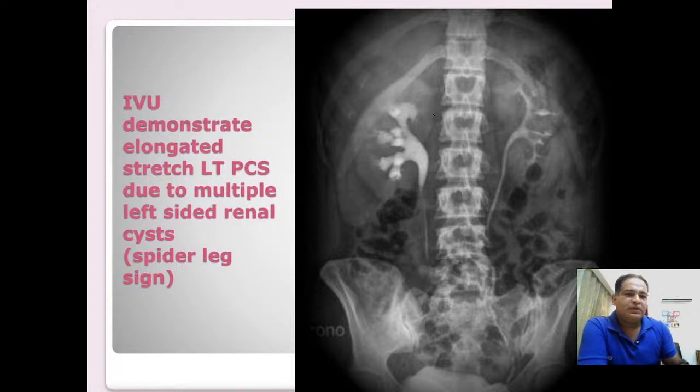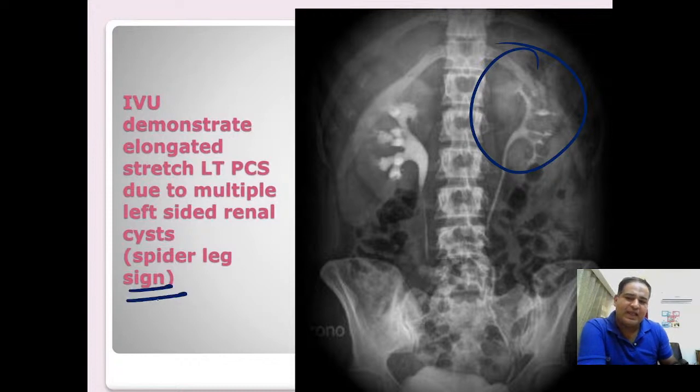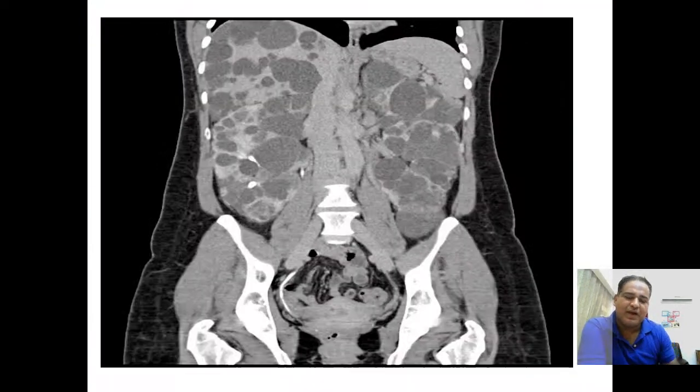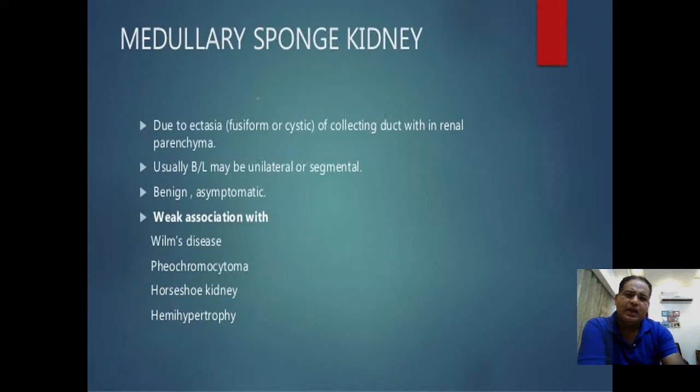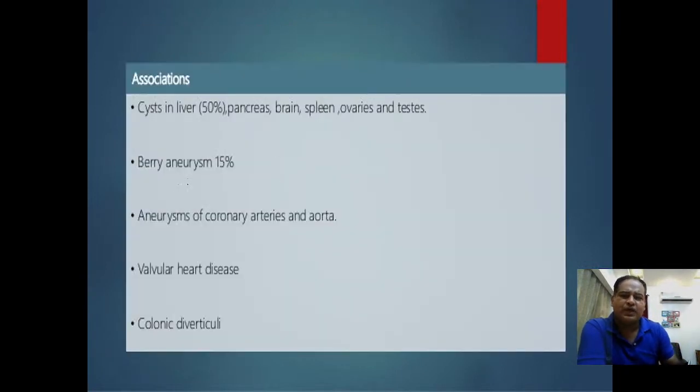Now, this will give rise to a spider leg appearance on intravenous urography. This is what you would see on the CT scan. They may occupy large areas. Fine. Berry aneurysm can be an important cause of death in the young.